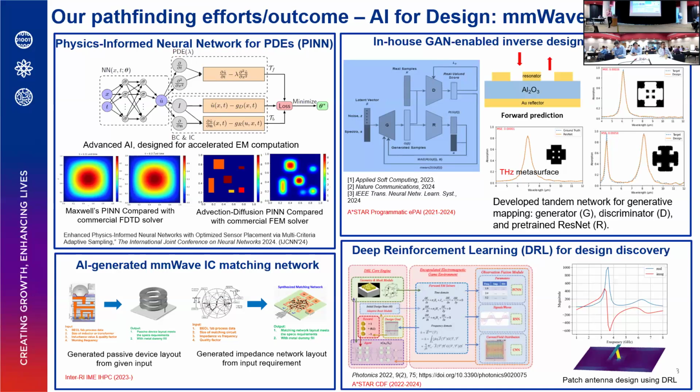One of the things that we find very pertinent is how we use different kinds of methodologies to approach the problem. Deep reinforcement learning is one area that we find very useful, where we generate patch designs for the antennas.